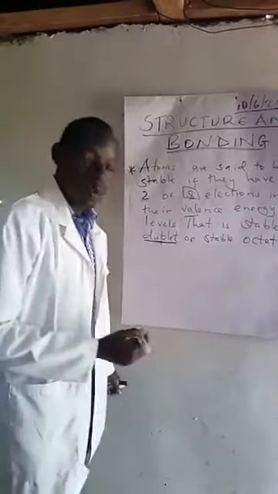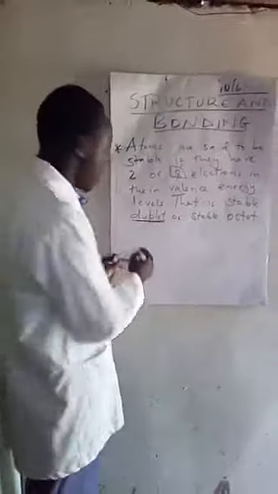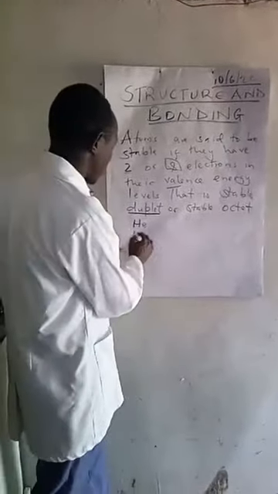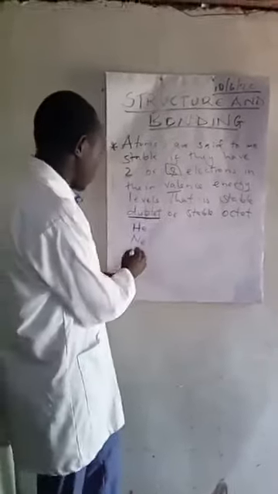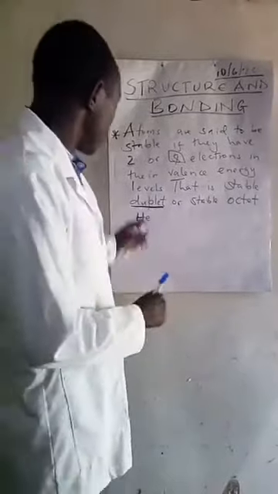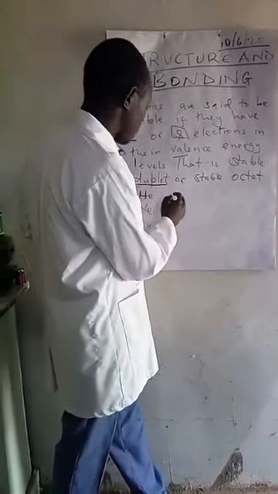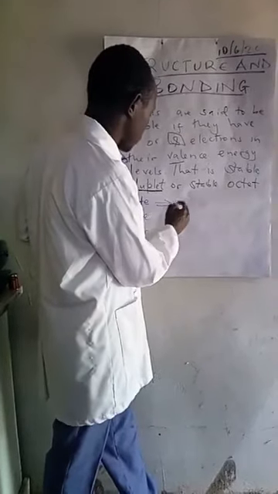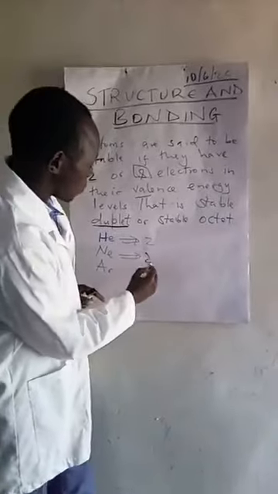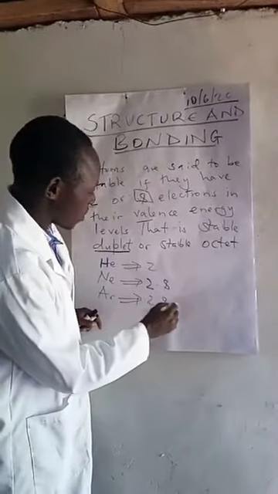The first member is helium, followed by neon, followed by argon, and the rest which are not in the first 20 elements. Helium is 2. Neon is 2, 8. Argon is 2, 8, 8.